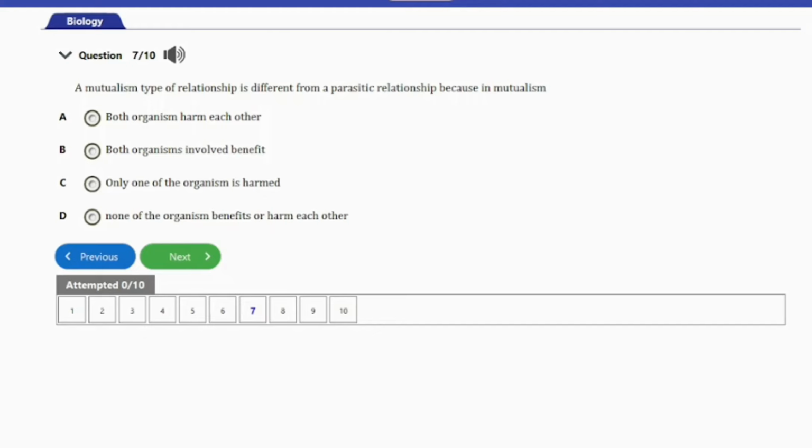It says, a mutualism type of relationship is different from parasitic relationship because in mutualism, A, both organisms harm each other, B, both organisms involved benefit, C, only one of the organisms is harmed, D, none of the organisms benefit or harm each other. So guys, in mutualism, both organisms involved actually benefit, and that's option B here. So let's go ahead and consider the next question, guys.